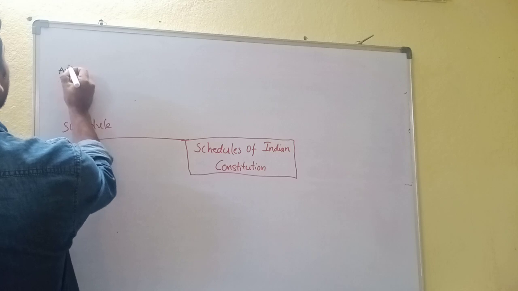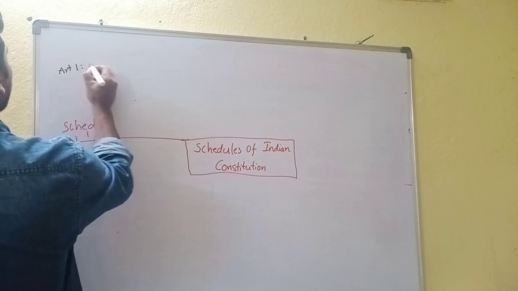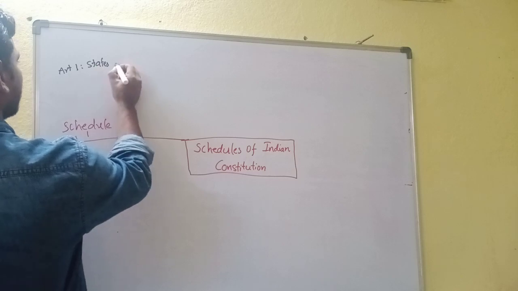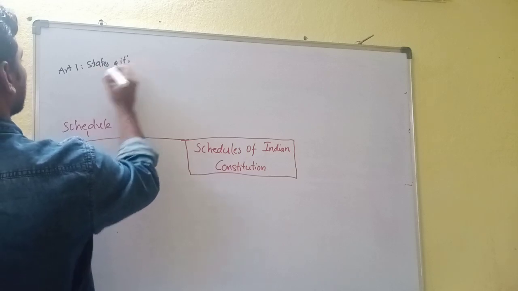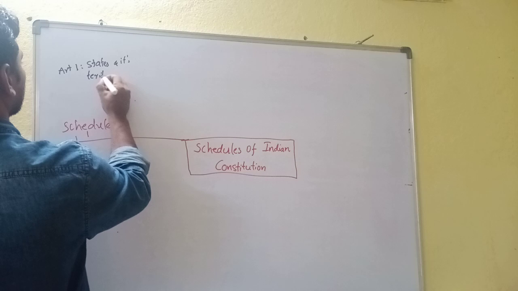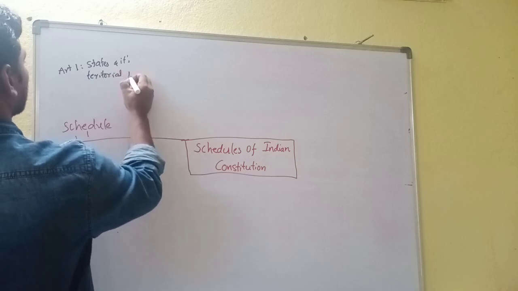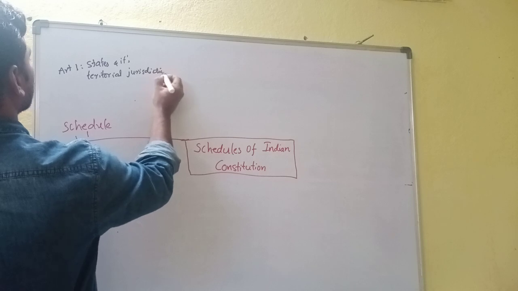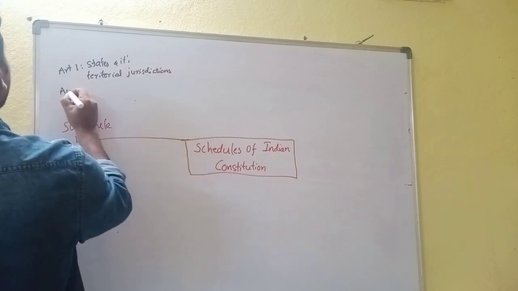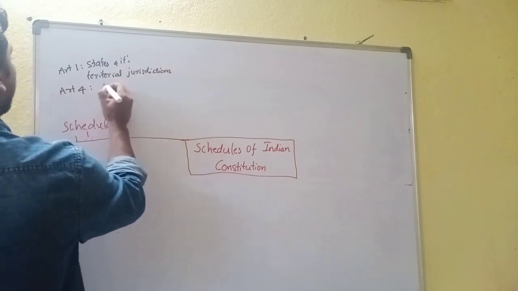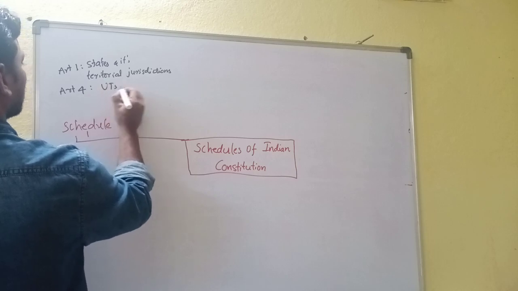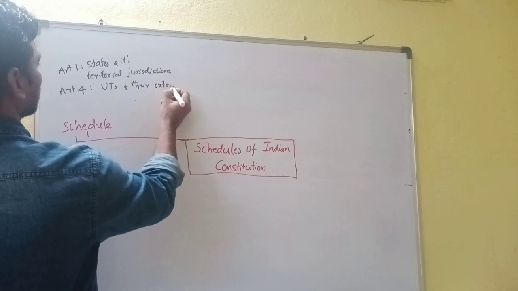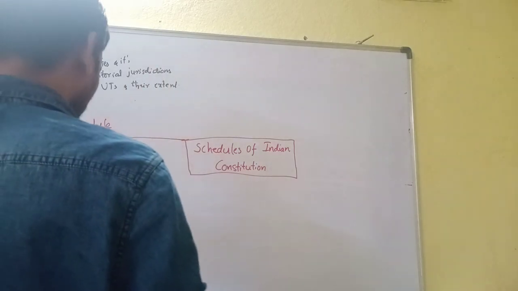Article 1 covers states and their territorial jurisdictions, and Article 4 tells about UTs and their extent. So this Schedule 1 is over.